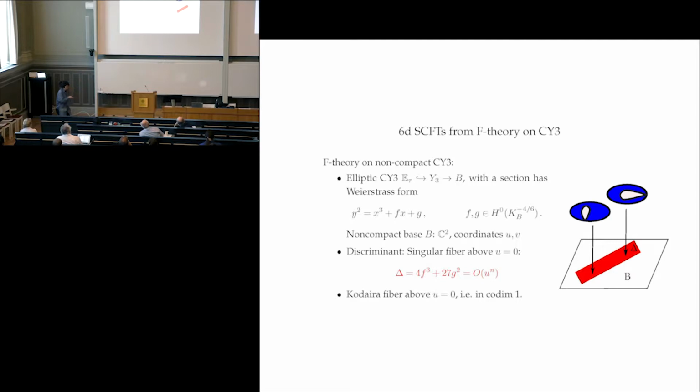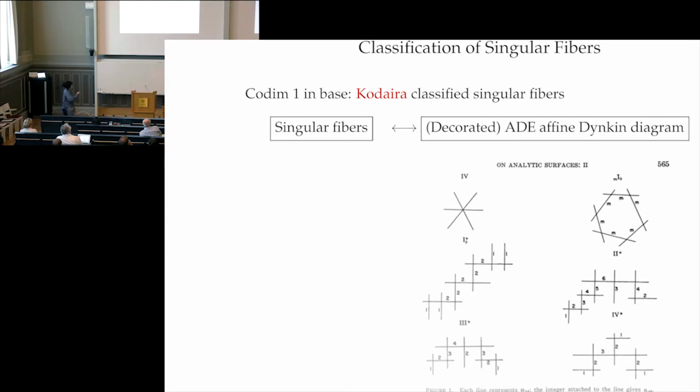And in fact, Kodaira classified what type of singularities these are. So in complex codimension 1 in the base, the fibers that are possible over these loci are one-to-one with essentially decorated affine Dynkin diagrams, up to some small exceptions.